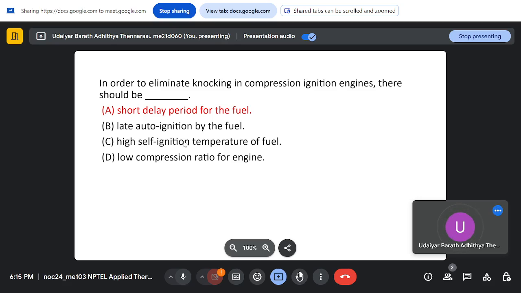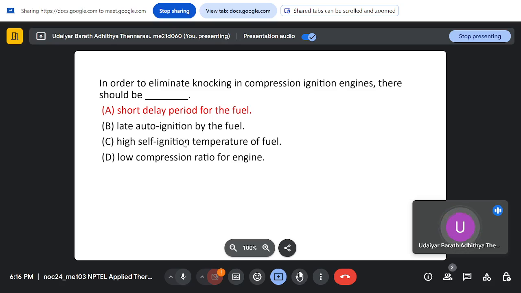Going back to how the engine works: you're taking in the fuel, there's a suction stroke, the piston comes down, and the charge and air coming in are then compressed.